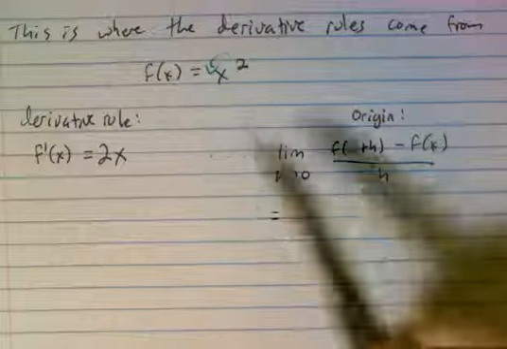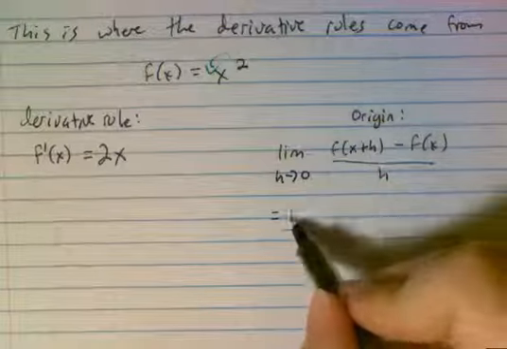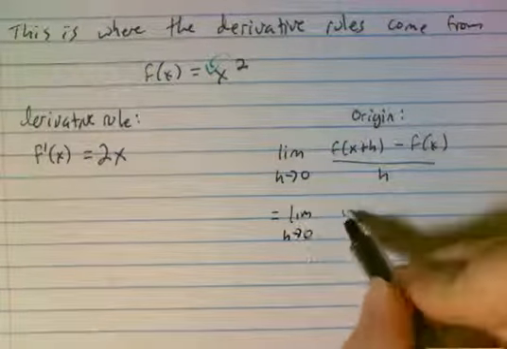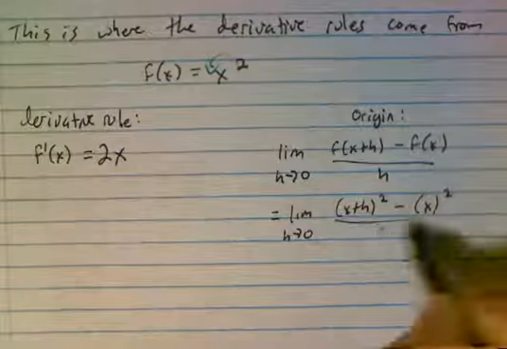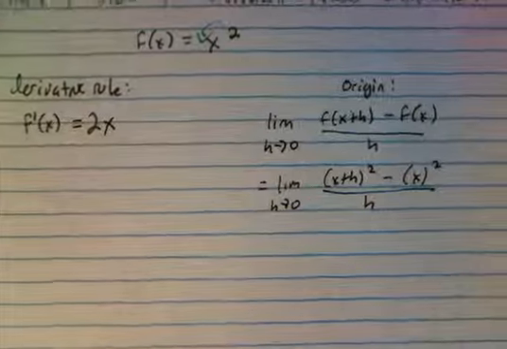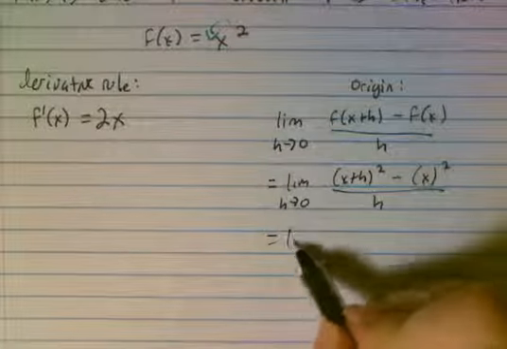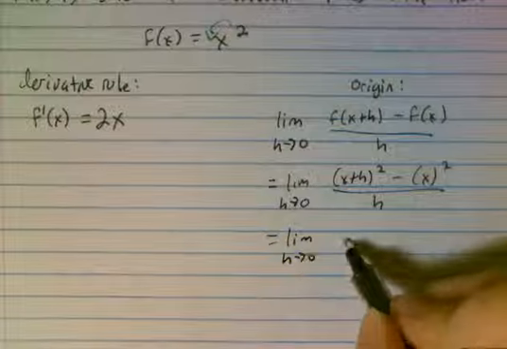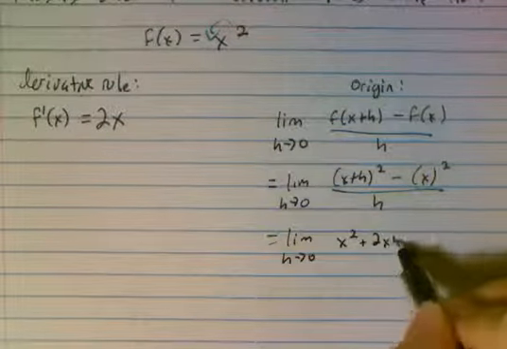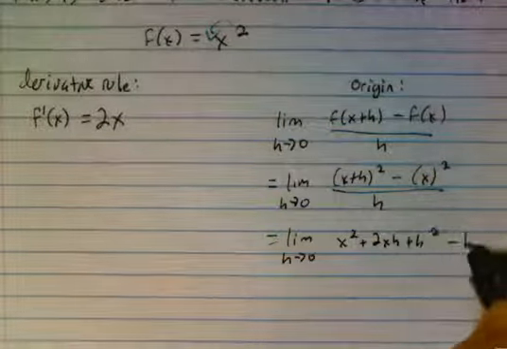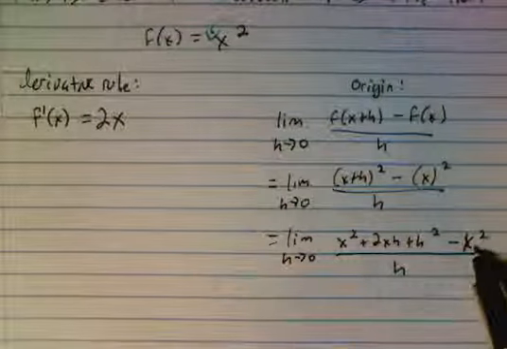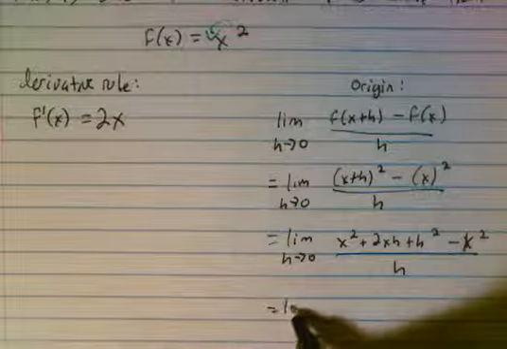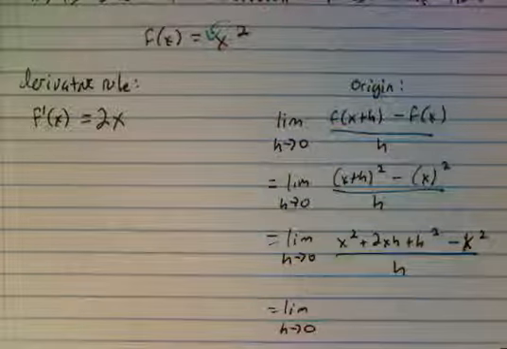So f of x is x squared, so we're going to do x plus h squared minus x squared. And we can expand this out. X squared minus x squared is just 0.